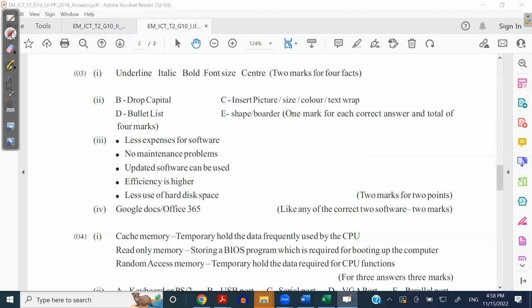Right, so first one, it is only 2, second it is 4, third it is 2, and fourth it is 2 again. You see how much you got out of 10. Very good with that, Utkarsha.